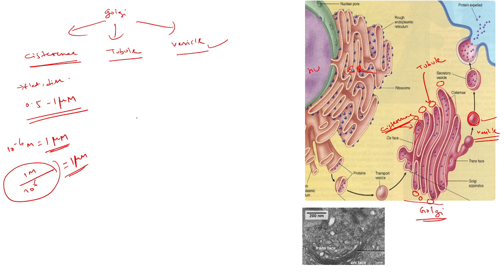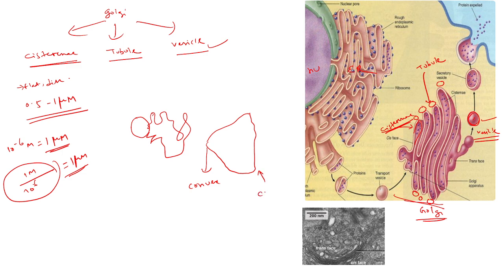Let's say this is the nucleus, this is the ER, and the Golgi is present like this. One part is called the convex and one part is called the concave. You know what is the convex, what is the concave. The pointed end is called the convex.